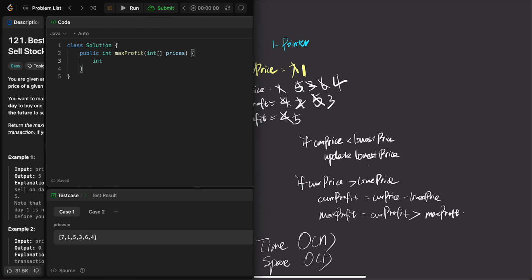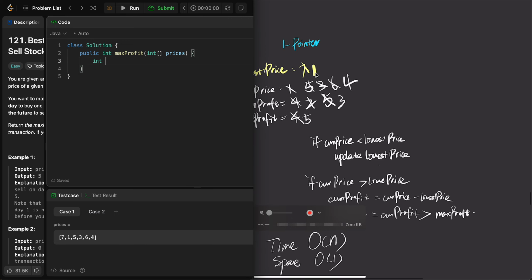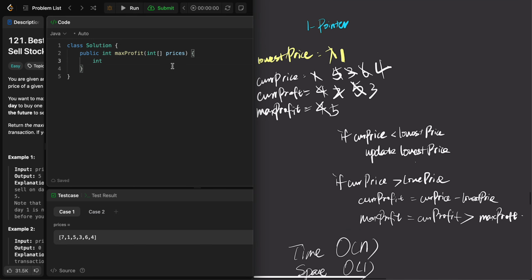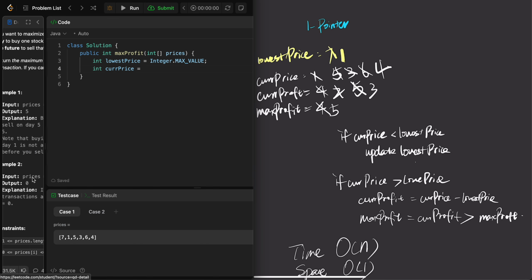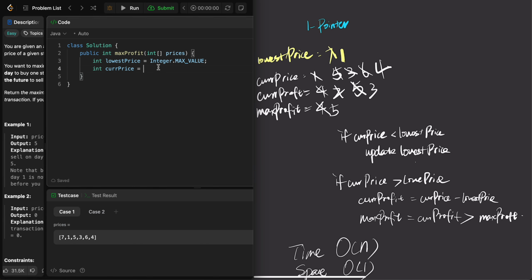Now, as I said, we will have the lowest price. We can use the integer max value. And then the current price, do we have any negative numbers? If no, we can just start the current price from 0.